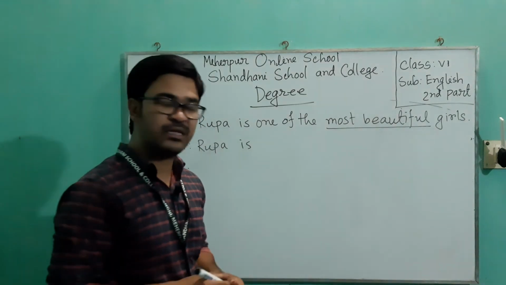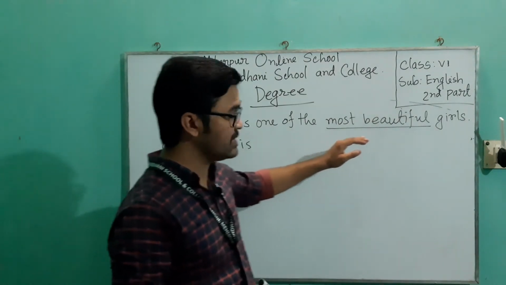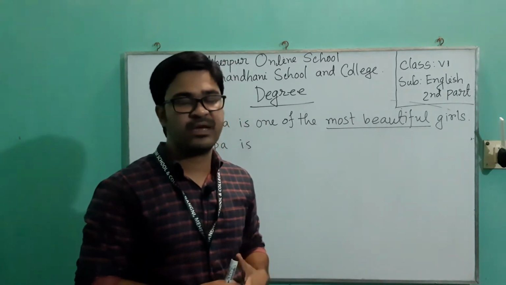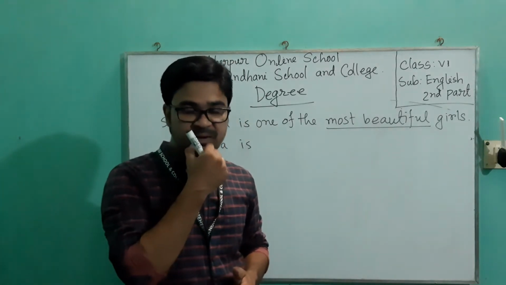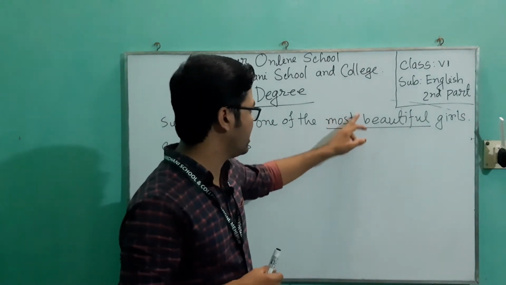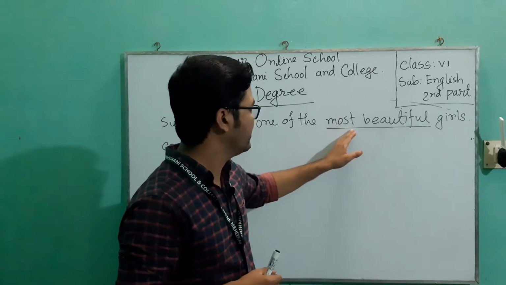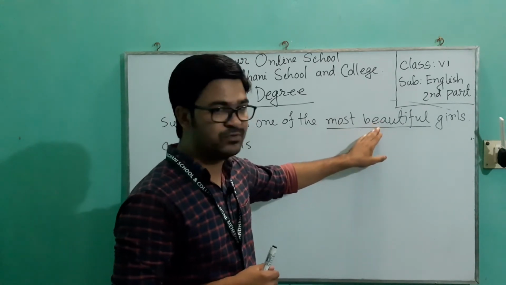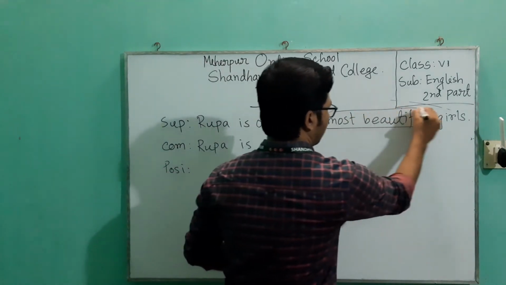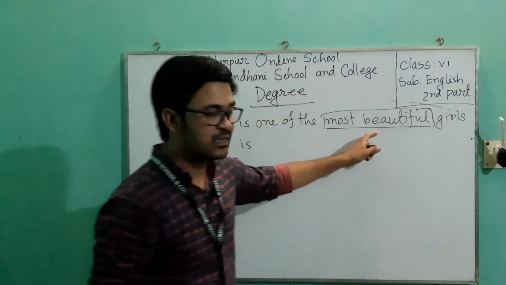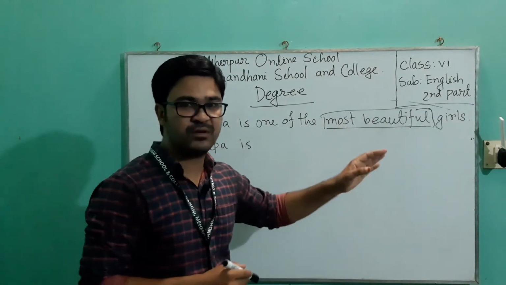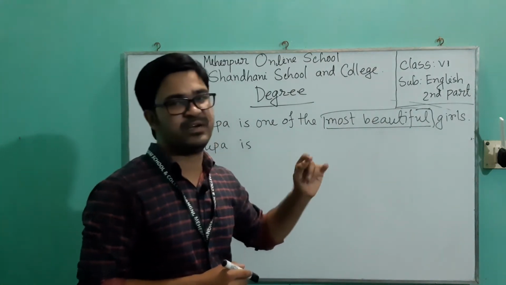First I have told you, if we see the adjective is more than one syllable, we have to add most before the word. So I have added most before beautiful. So it is totally a superlative form. So we can write more beautiful. More beautiful is the comparative form.